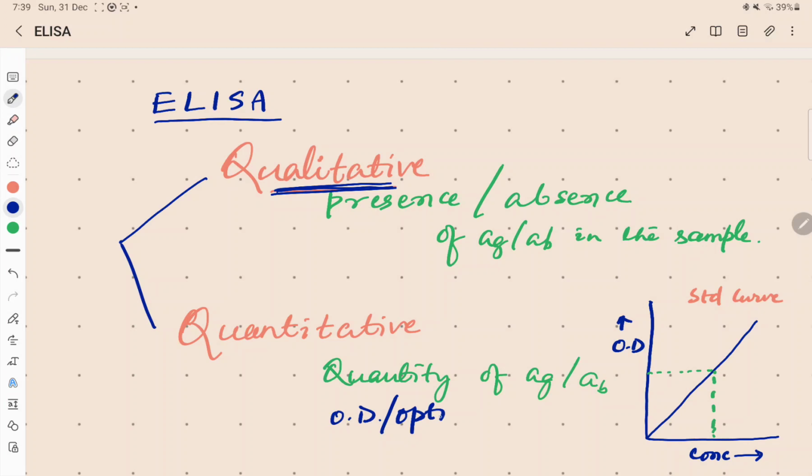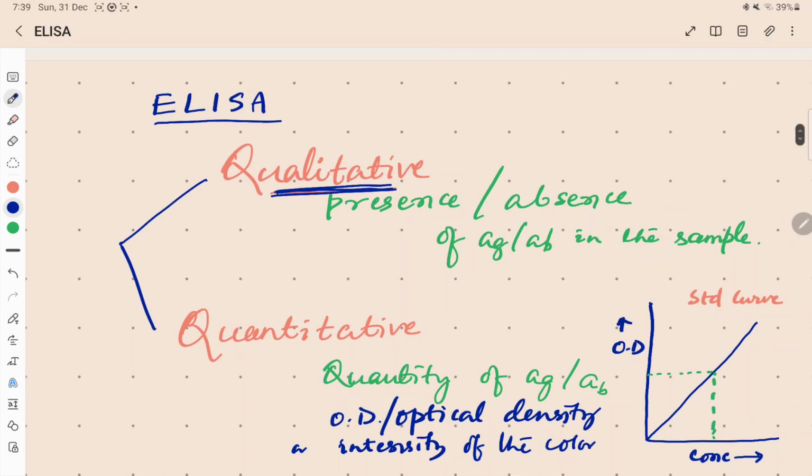And from that color, the intensity of the color or the optical density of the color, we can measure the quantity of the antigen or antibody. So we can have a standard curve with known concentrations on the x-axis and optical density on the y-axis.